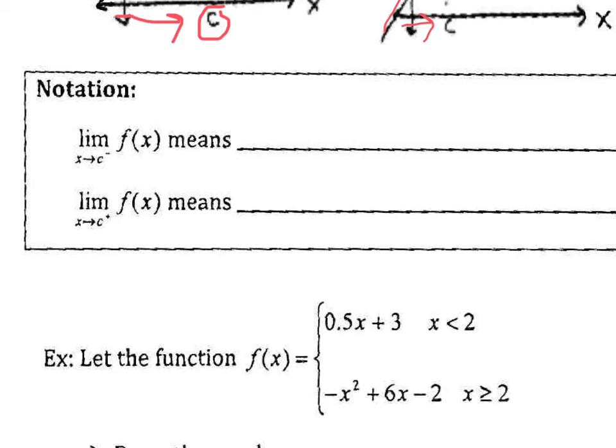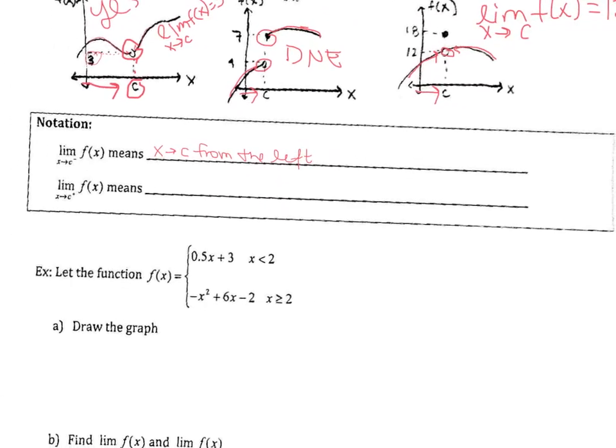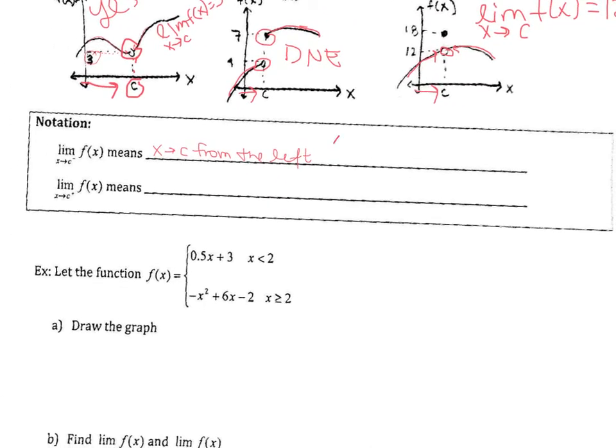So we can write that down. We are dealing with x as it gets close to c from the left. Or you can also call it the left-handed limit, okay? It's left-handed. Okay, so when I look at my next notation, it says the limit as x approaches c with the little plus sign of f of x.